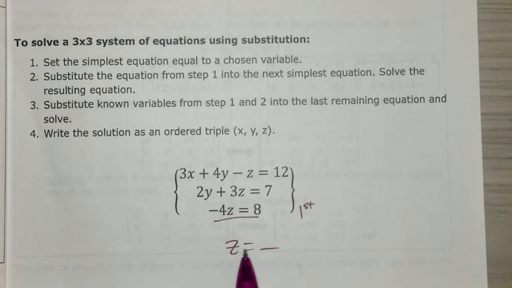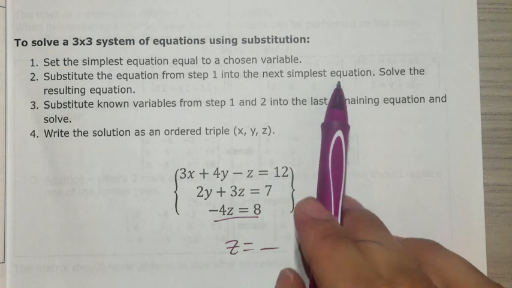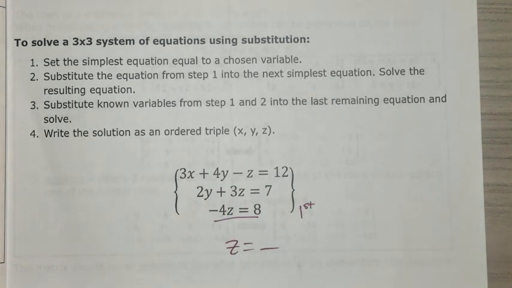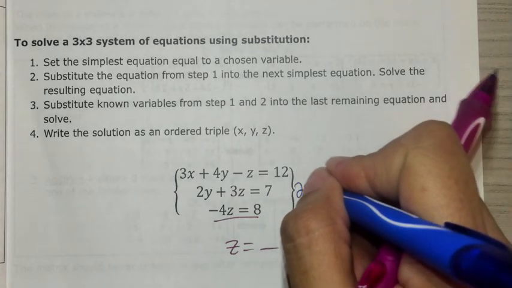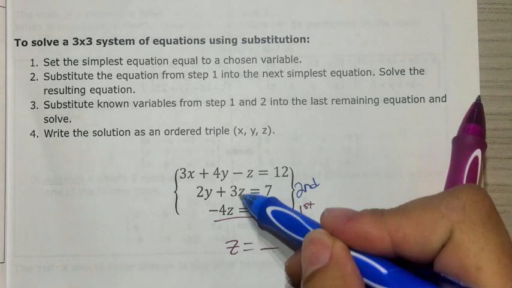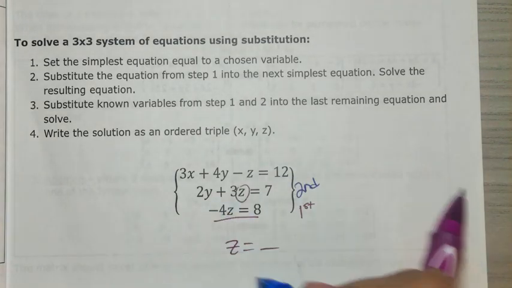And then you're going to use that value of z and substitute it into another simplest equation after that. So between these two, this second equation right here would be the second equation to use. You'll substitute the value of z in there, and then you'll solve for y.